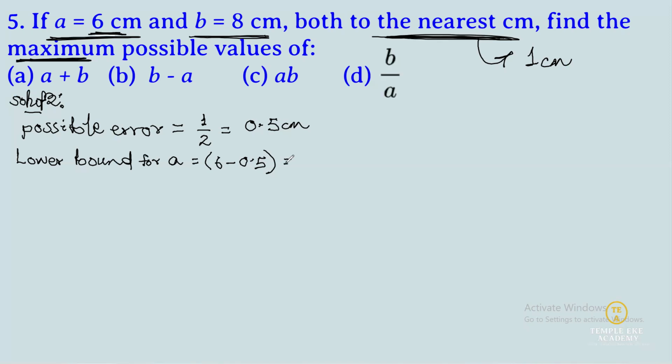And 6 minus 0.5 gives us 5.5. We can refer to this lower bound for A as the minimum value of A. Let me also obtain the upper bound for A.